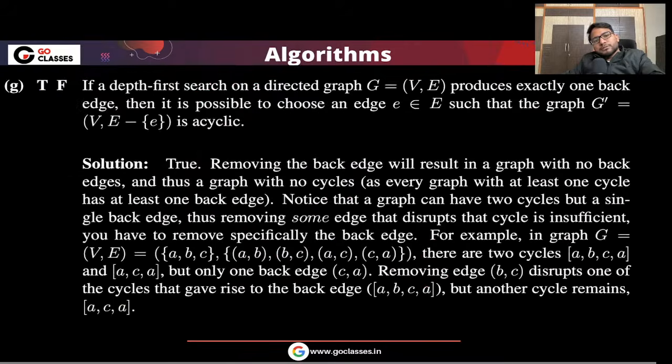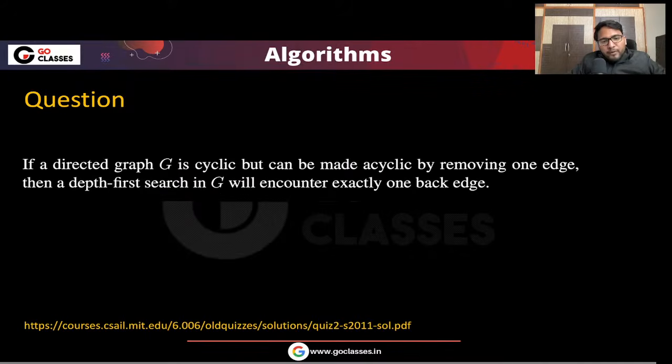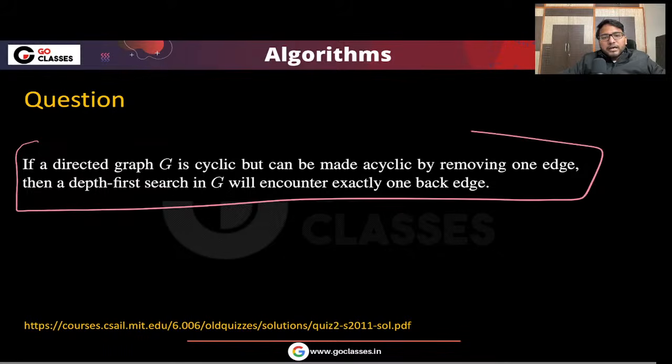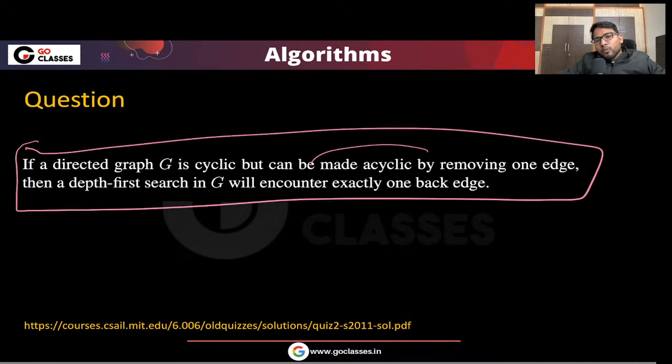What about this question? Again from MIT. What they're saying is that if a graph G can be made acyclic by removing one edge, then the depth first search in G will encounter exactly one back edge. That's interesting.